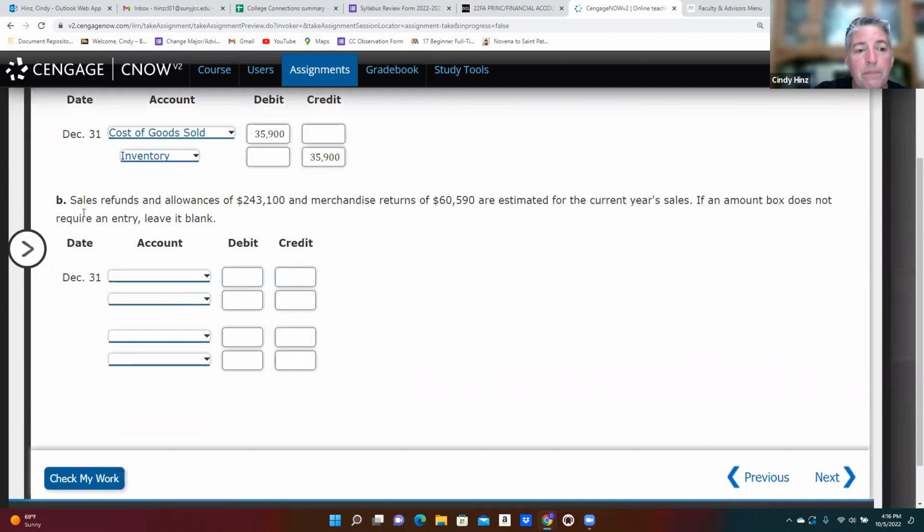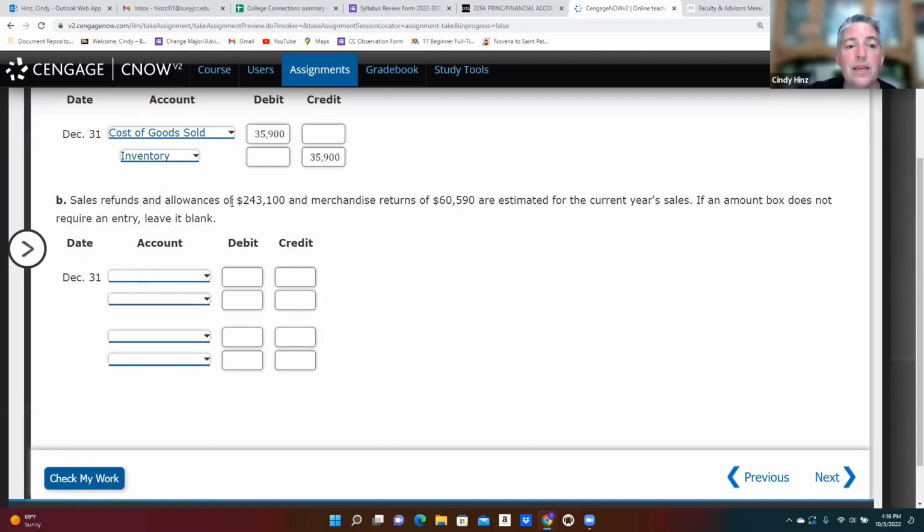The second part B here, sales refunds and allowances of 243,100 and merchandise returns of 60,590 are estimated for the current year's sales. And so in the previous two exercises, we've talked about both of these, that we need to estimate how much that might be and kind of set that amount aside on our balance sheet so that we're accurately expressing our financial position.